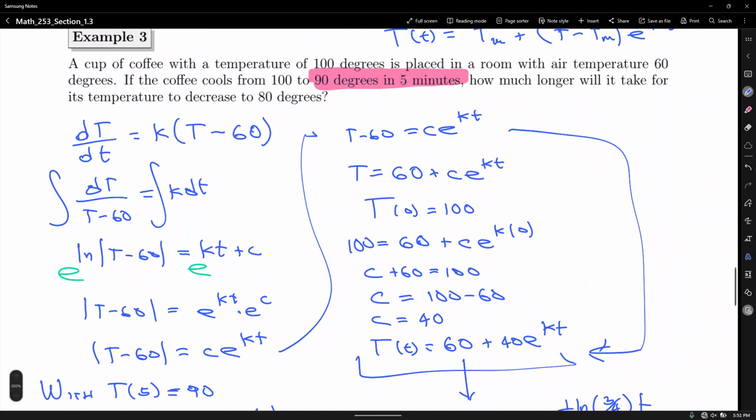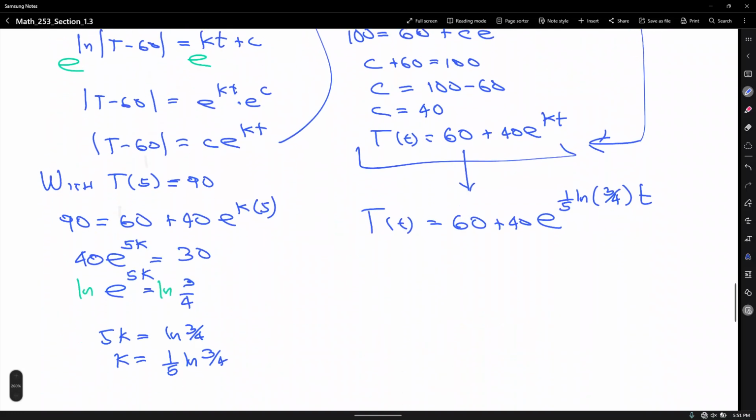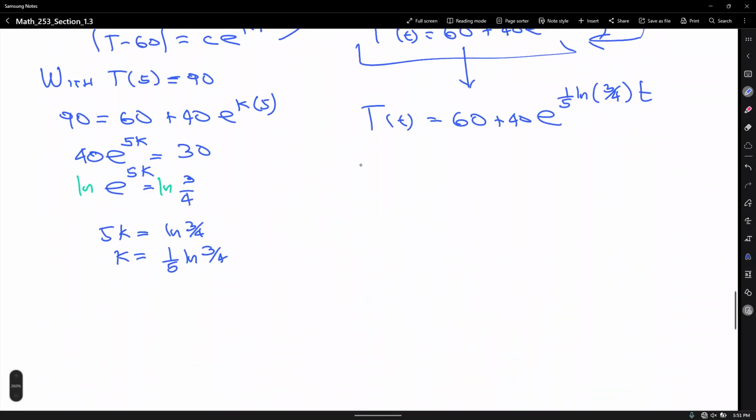The question is: how much longer will it take for its temperature to decrease to 80 degrees? So when will it be 80 degrees?